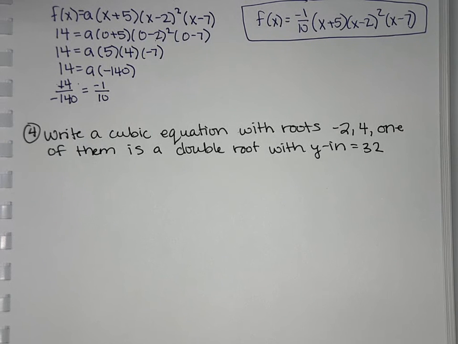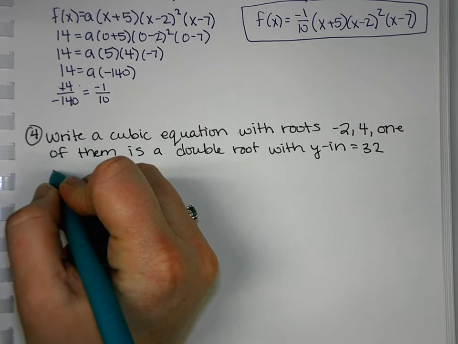What this means is you could have two potential answers. If it doesn't tell you which one, then you want to consider both possibilities. So let's start with our roots.